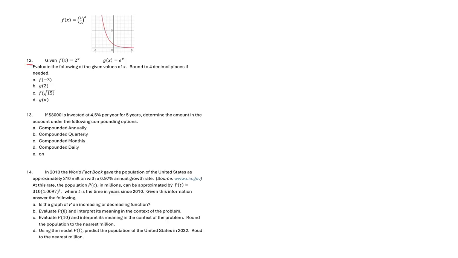All right, 12, given f of x is equal to 2 to the x and g of x is equal to e to the x, evaluate the following at the given values of x, round to 4 decimal places if needed. So f of -3 will be 2 to the -3rd. Put that into the calculator, we'll get 0.125.